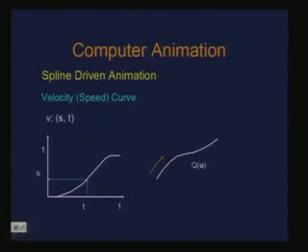Like earlier we said that keyframe in-betweening can be done by interpolation, and that interpolation can be linear, or it can also use splines. But this is in a slightly different context, because here we are specifying the trajectory or a path and we want to move along that. So this is useful if you want to, for instance, design a walkthrough of a scene.